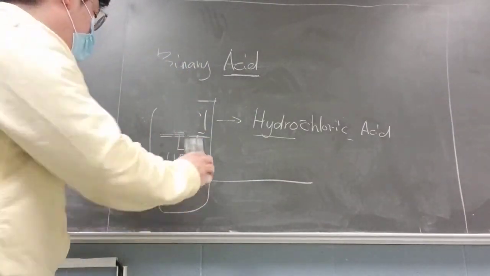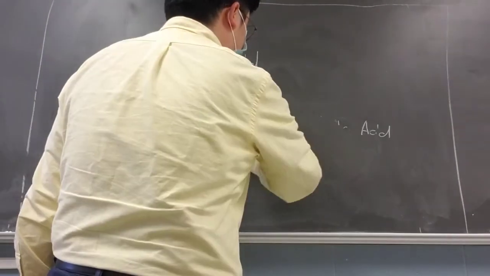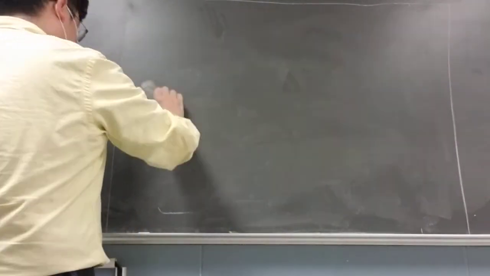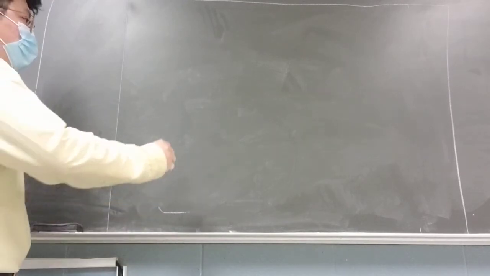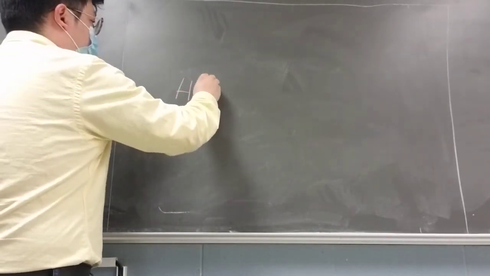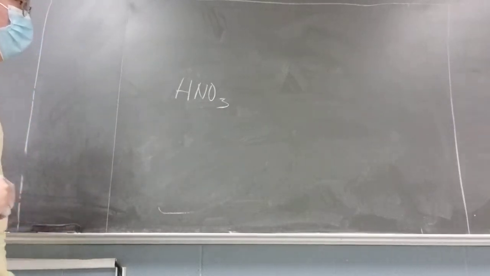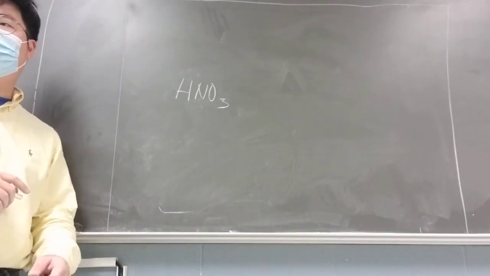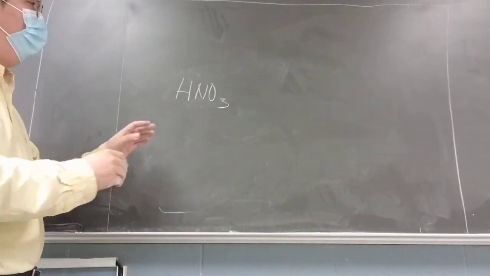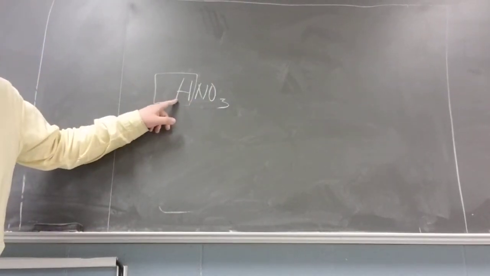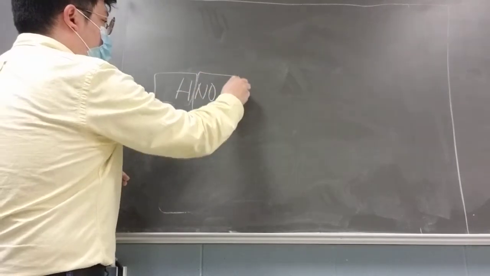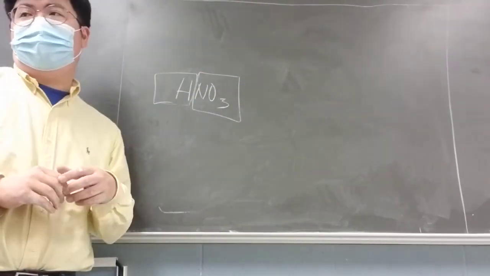Good. Okay, perfect. So if that is the case, we have a bit more complicated acid compound. One of them is this one, HNO3. This is more complicated because this is not binary. You have a hydrogen over here, but the other part is not just one element, but a complex.